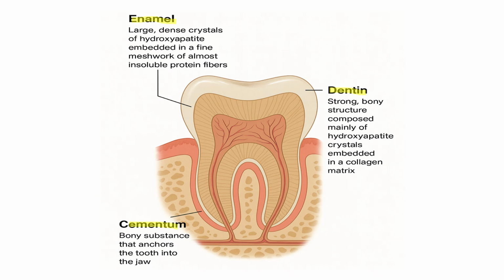Enamel is large, dense crystals of hydroxyapatite, the outermost layer, and this is embedded in a fine meshwork of almost insoluble protein fiber, while dentin is a bony structure composed of hydroxyapatite embedded in a collagen matrix. Then cementum is a bony substance that anchors the tooth into the jaw.